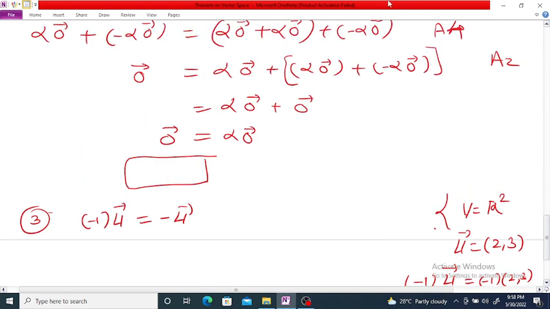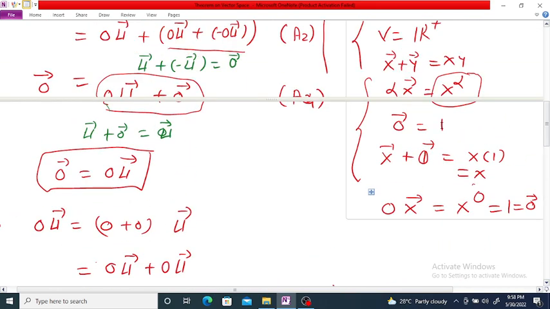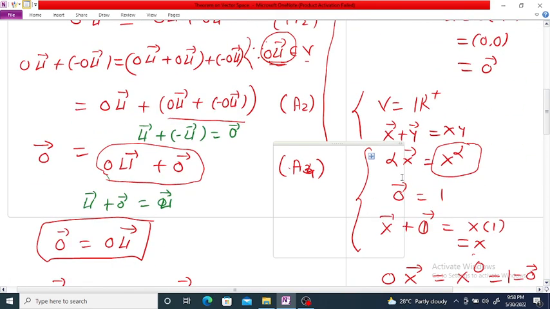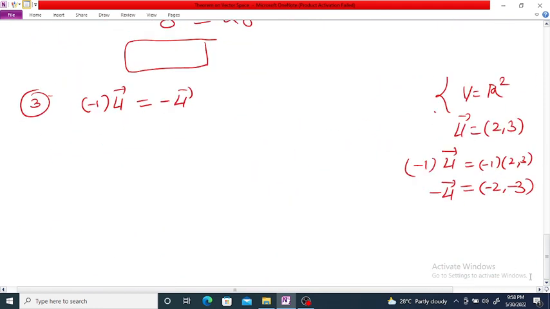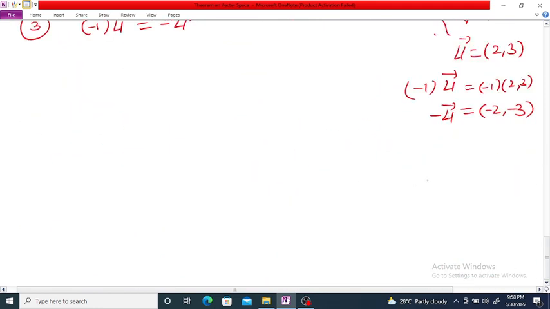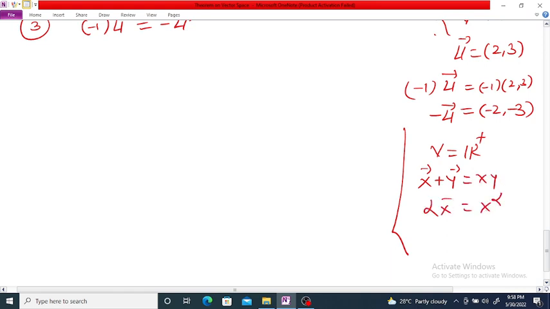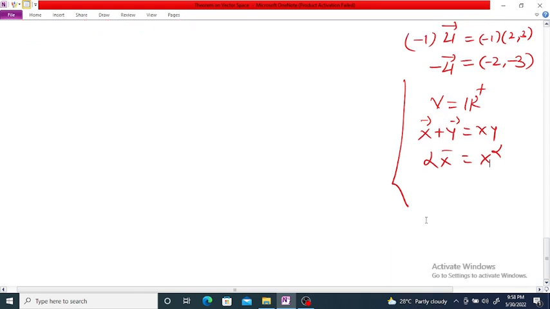You can check this also in another vector space, here R plus, if you want to determine the additive inverse of x bar. Say V equal to R plus, and we define the operations x bar plus y bar equal to xy, and alpha x bar equal to x raised to alpha. Here we know 0 bar is 1.